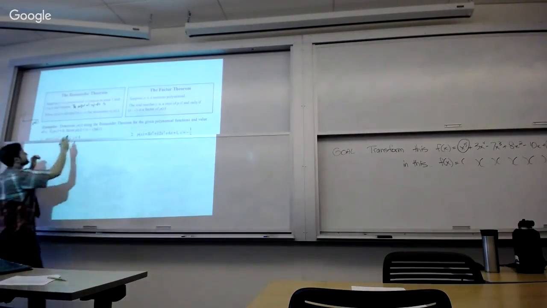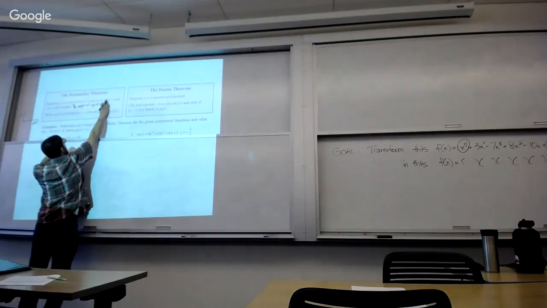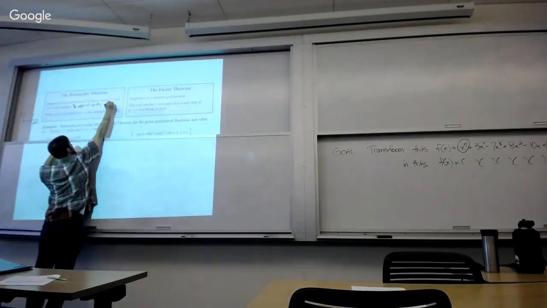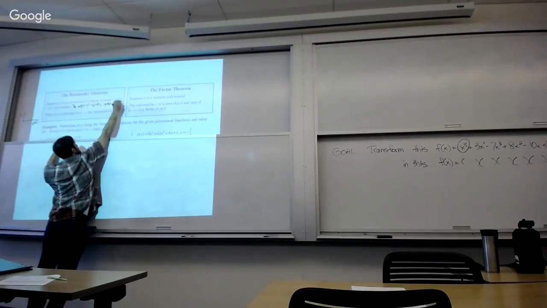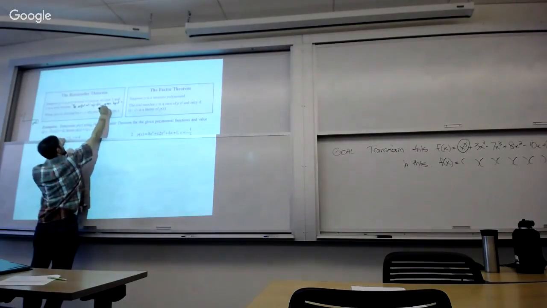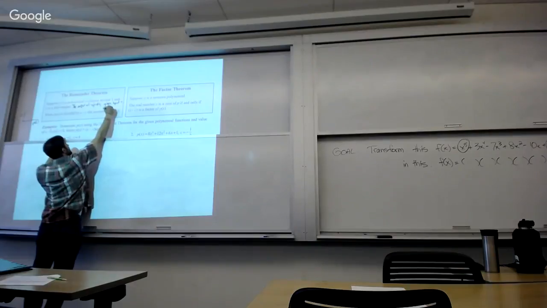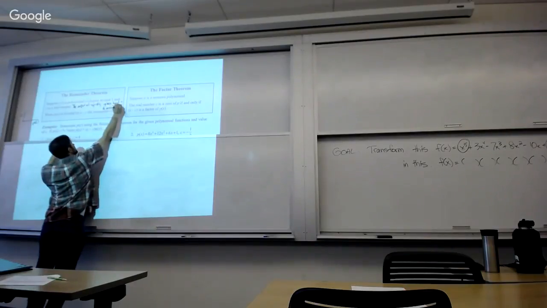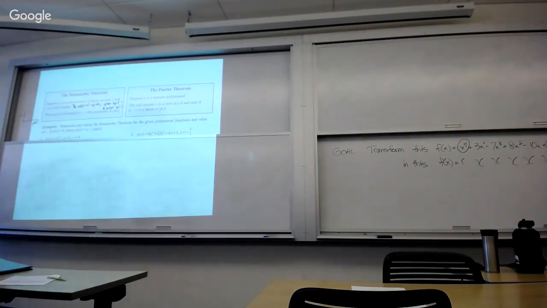So the output of synthetic division, given input C, is output P of C. So it's what we've already been talking about. It's just saying that if you do synthetic division, whatever number you plug in at the beginning, the answer that you're getting is the same as if you plug that number into the function.